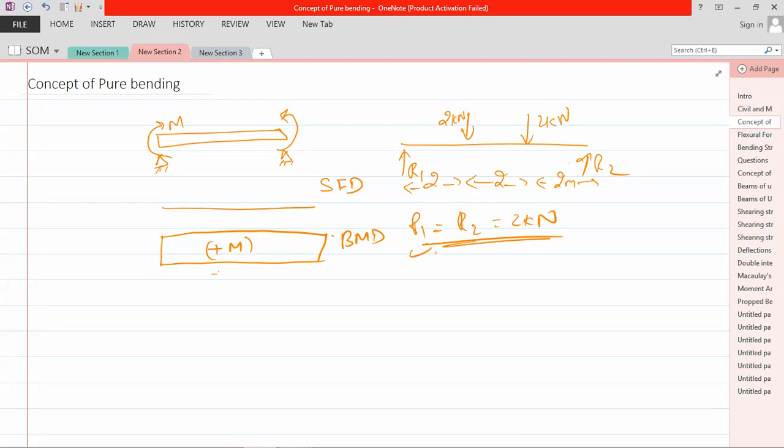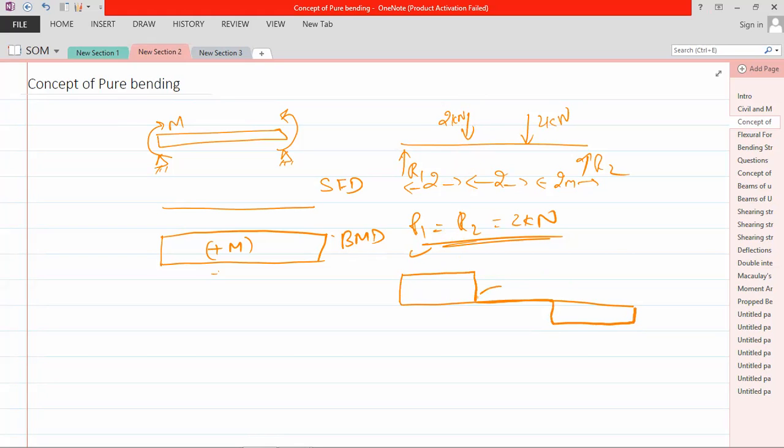I hope everyone knows how to find the reaction force, because this is a concept of mechanics. Now, if I want to draw the shear force diagram, up to here it is 2 kilonewton, constant. Then here 2 kilonewton is acting in the downward direction, so it will come to 0. It will be 0 for the next 1 meter. Then it will go like this.